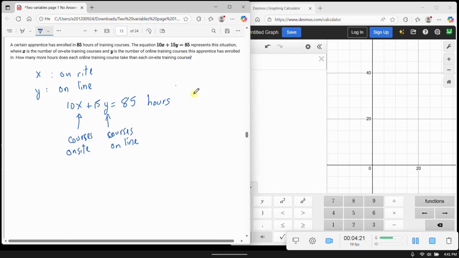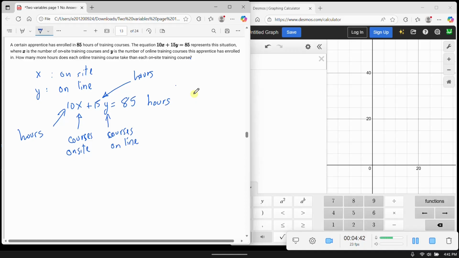So the 10 has to be the hours that's on-site, and the 15 needs to be the hours of online. So that's how they come up with 85 hours.